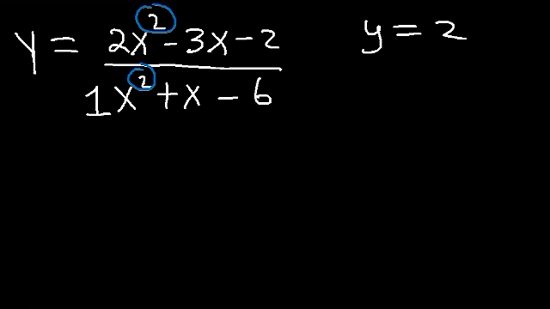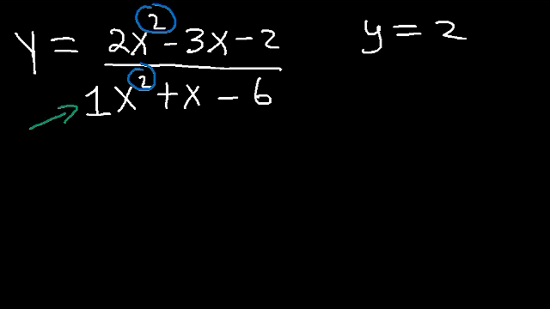Now, how can we find the vertical asymptote? What we need to do for this function is factor the denominator and the numerator. And we need to factor this expression completely. So let's focus on that at the moment. So how can we factor x squared plus x minus 6? Notice that the leading coefficient is 1.